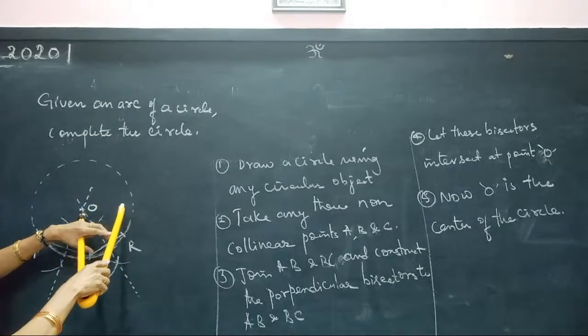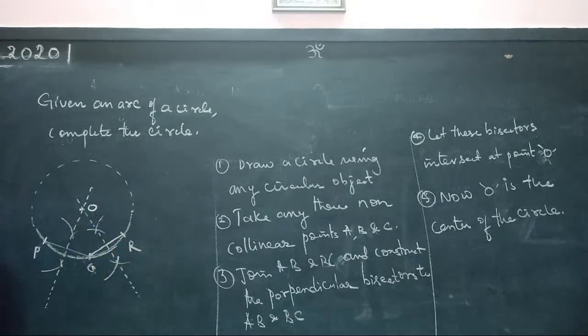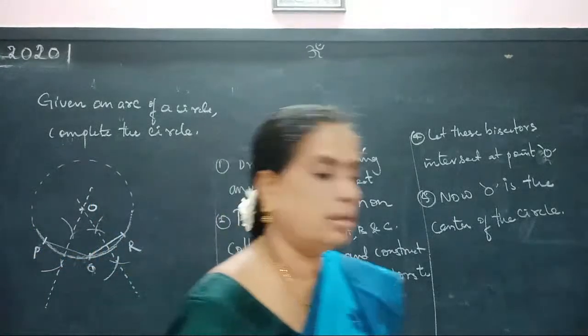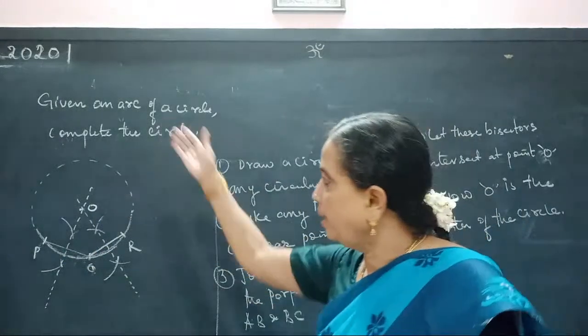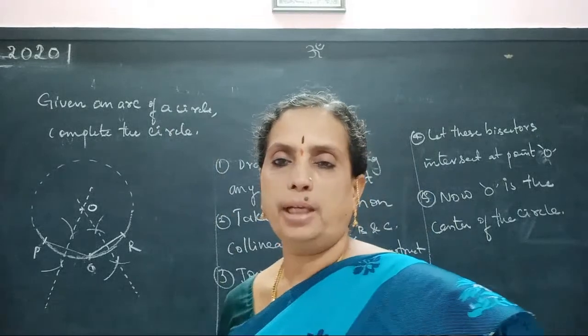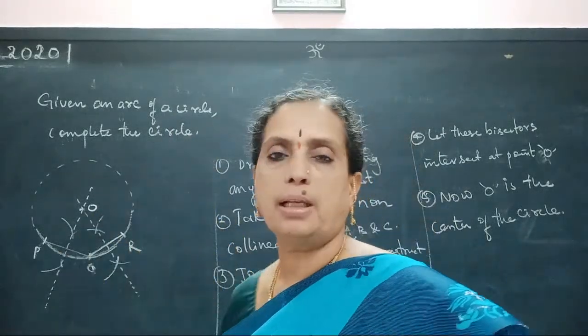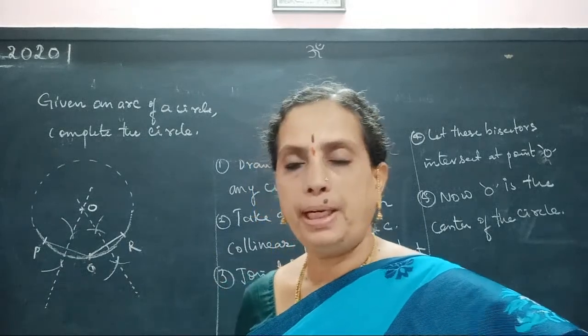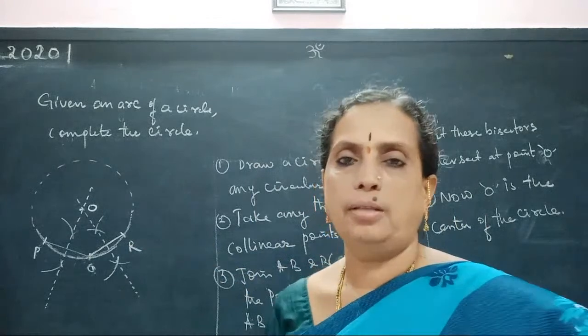In the beginning, it was given only the part of the circle. Now, finding the center of the circle, we completed the arc. That is the question: given an arc of a circle, complete the circle. We completed the circle by locating the center of the circle.